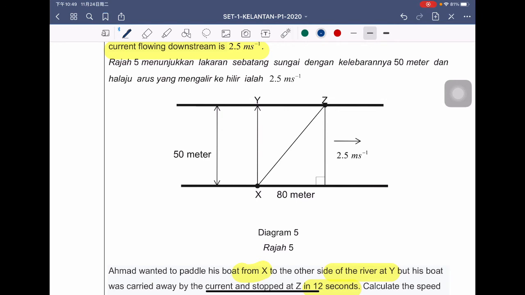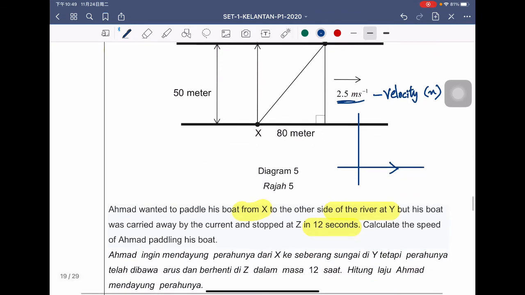What does it represent? This 2.5 meters per second represents the velocity in the x direction. So we have an x-axis and a y-axis, right? So the 2.5 meters per second here is for the velocity in the x direction.